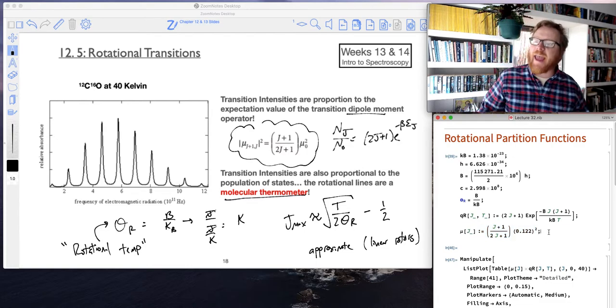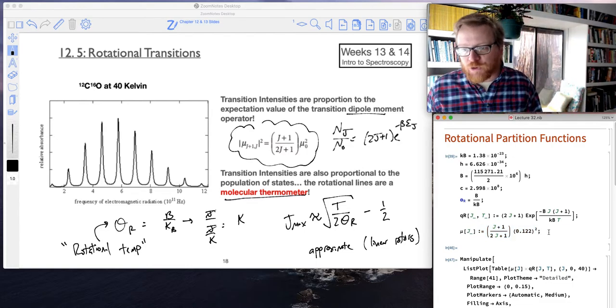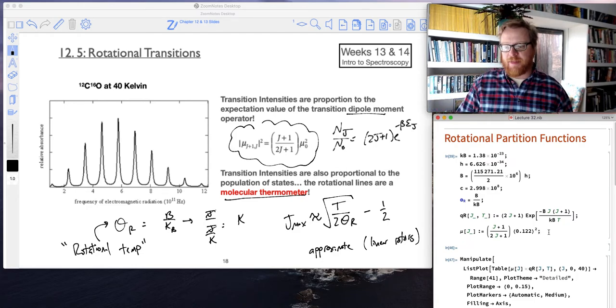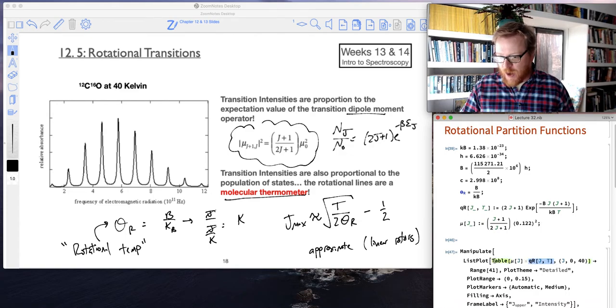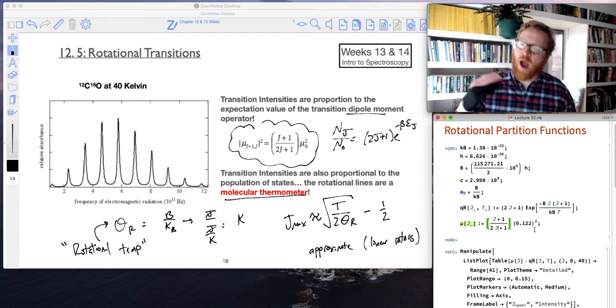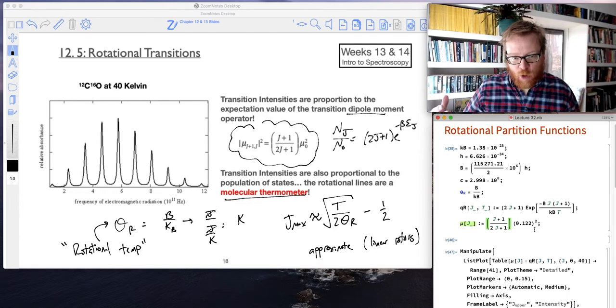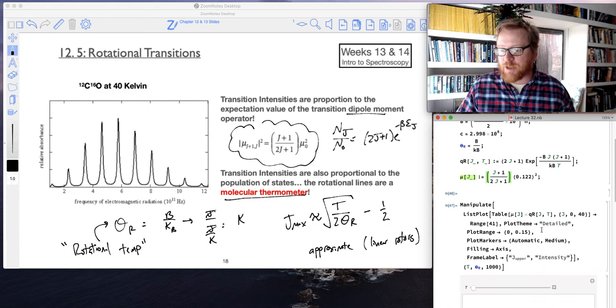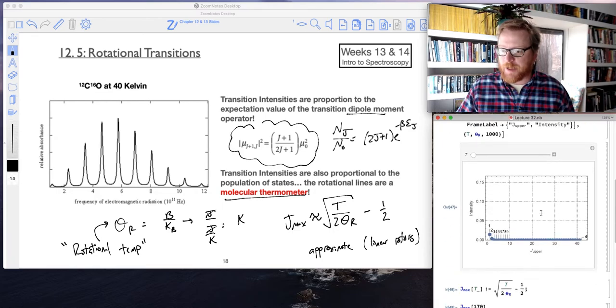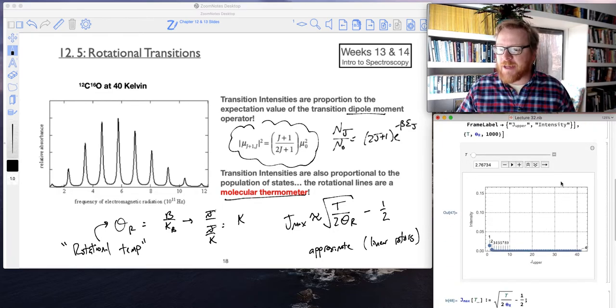I'm making a simulated spectrum by assuming that the intensity, the Y values, is just the partition function multiplied by the expectation value of the dipole moment operator, which is a function of J. As J changes, the dipole moment will also change. I'm assuming it's simply one multiplied by the other, which is actually a pretty good assumption. So here is a look at my spectrum.